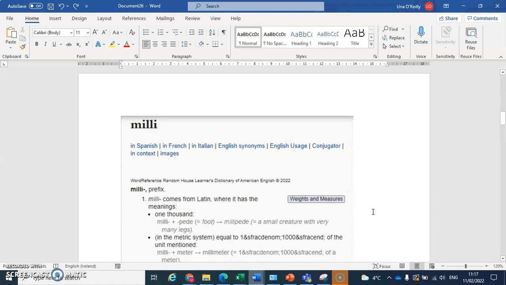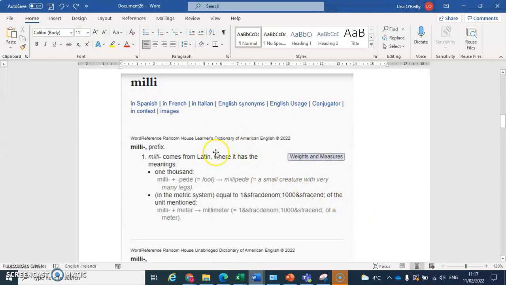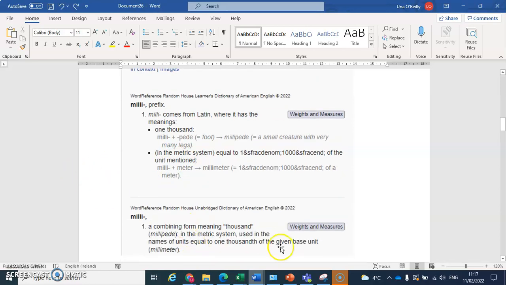I'll tidy this document up before I send it to you as well, so don't worry. Milli, there's our milli again. So milli means, in the metric system, let me find the proper one, the one that I like, this one down here. Sorry, this will help you.